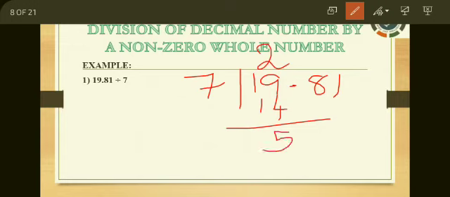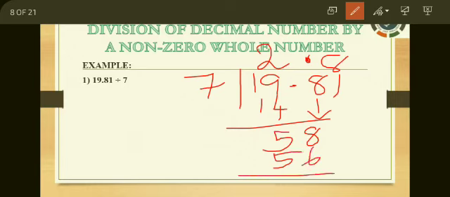Next is the decimal part. Before taking the decimal part number, keep the decimal point in the quotient. This is the main important point, to keep the decimal point in the quotient. Next number is 8, now 58. 58, how many times is 7? Correct, 8 times. 8 sevens are 56.